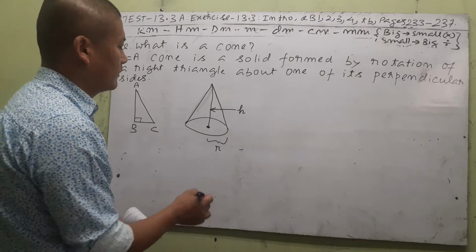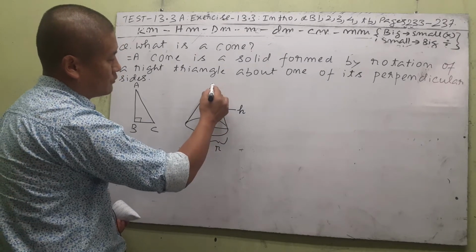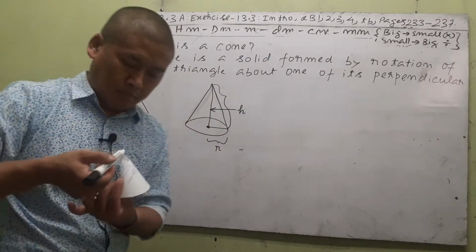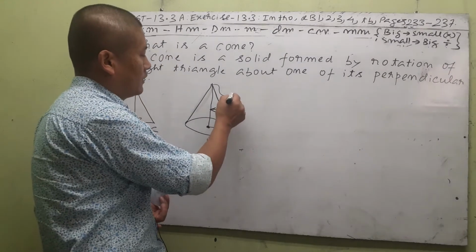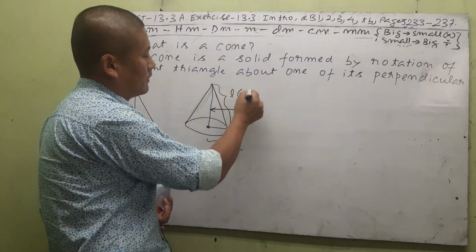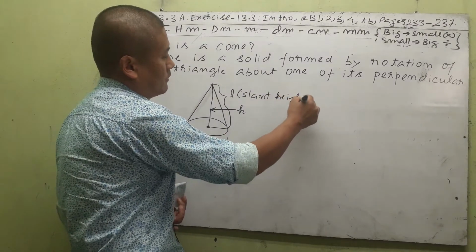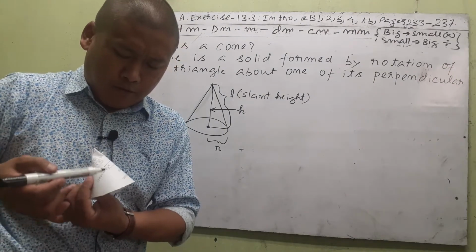Okay, then so this is the radius, this is the height, and this portion here, measurement from here to here, which is slanting, is called the slant height L. Slant height is the distance from here to here, this slanting.